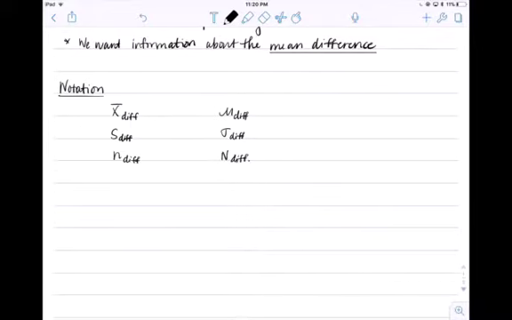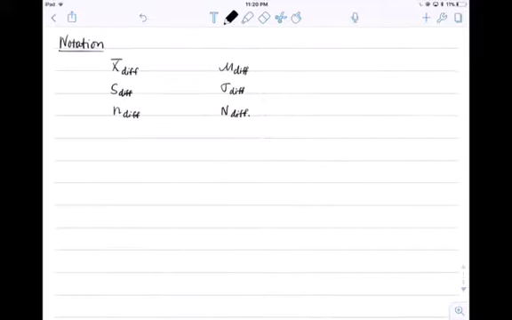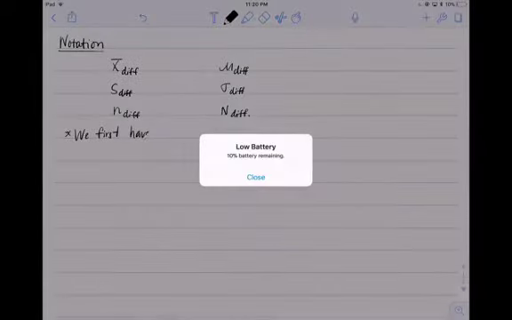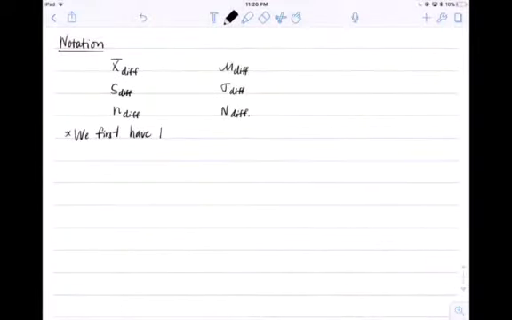Okay, all right. So one of the things that we're going to have to do for confidence intervals and for hypothesis tests for means is first compute the difference for the data.